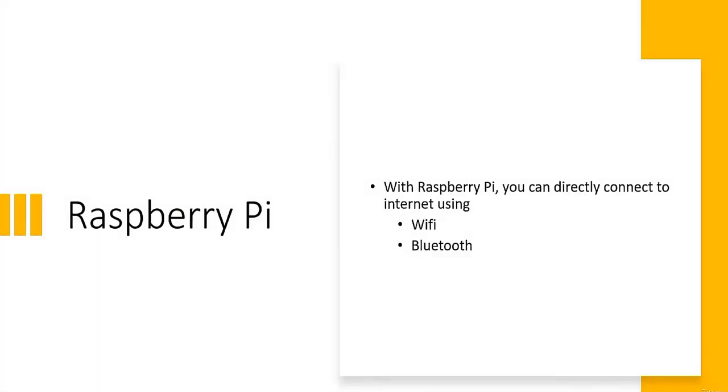Bluetooth is also there, but we use LAN or Wi-Fi because there is direct connectivity with these. With Bluetooth, you can connect your Raspberry Pi with a phone which can act as a hotspot, and then it can connect to the internet. So that is also an option, just an option which is present to us.